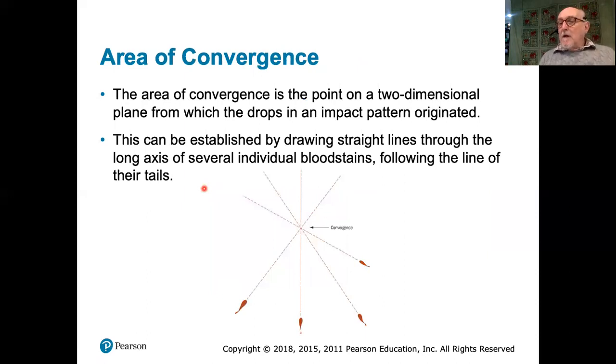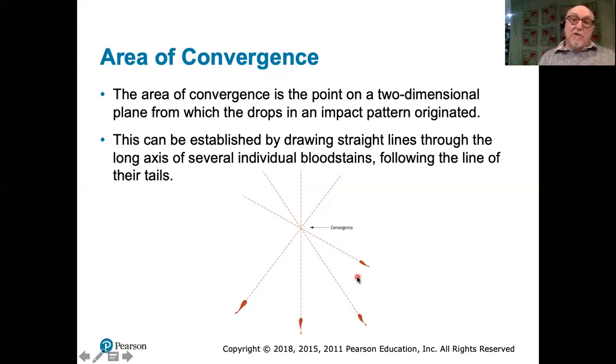As I showed you before, when we look at the travel of blood droplets on a surface, we see that they point in the direction that they were traveling. But they travel out in a fan shape from the source. If this is a flat surface that we're looking at here, we see the droplets like this.